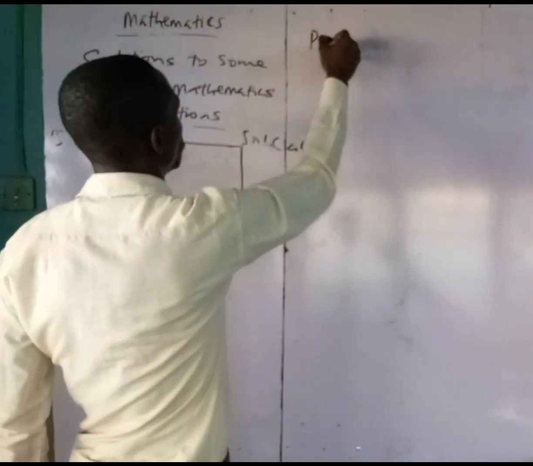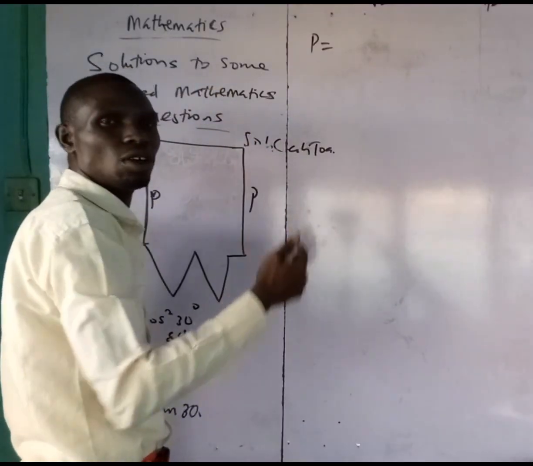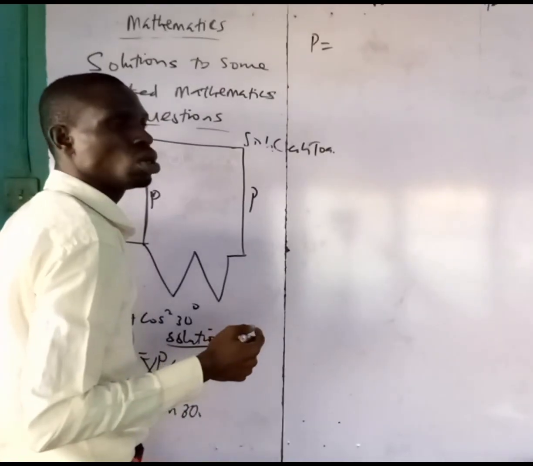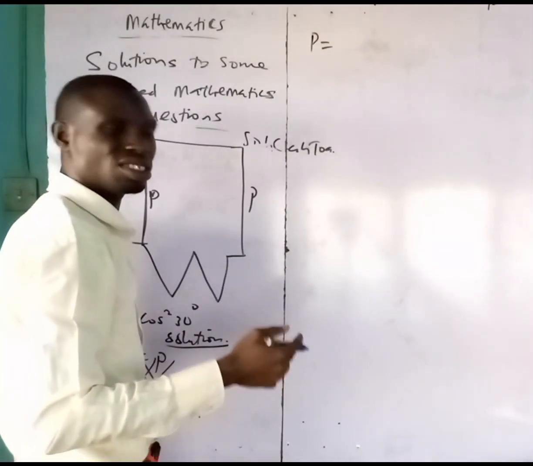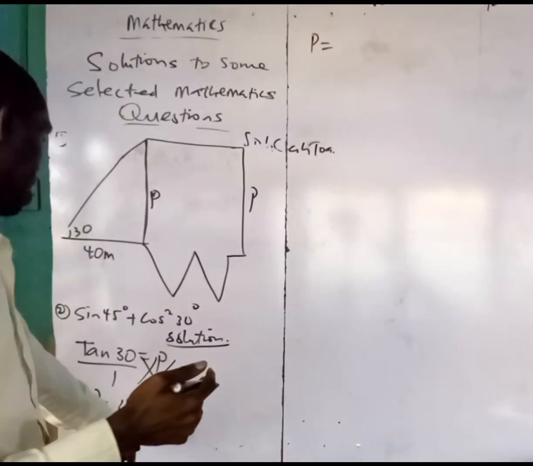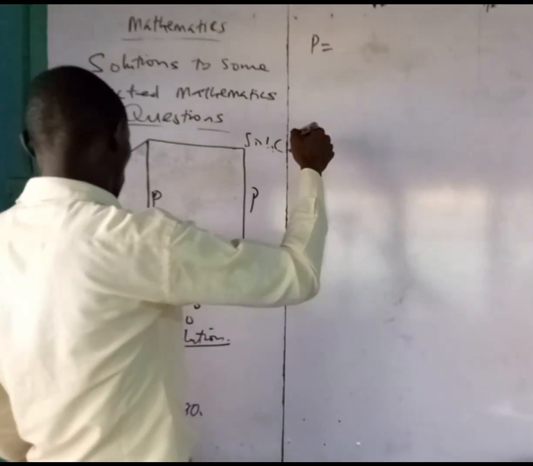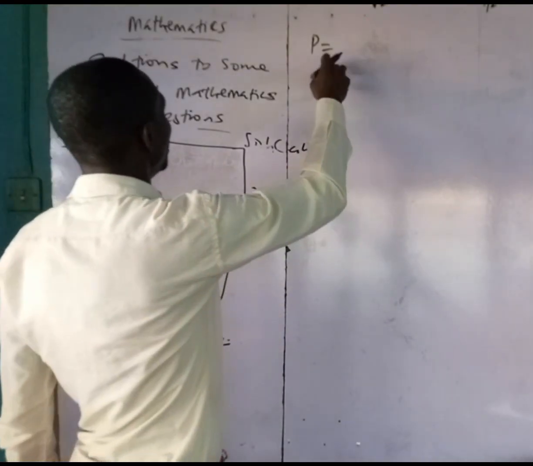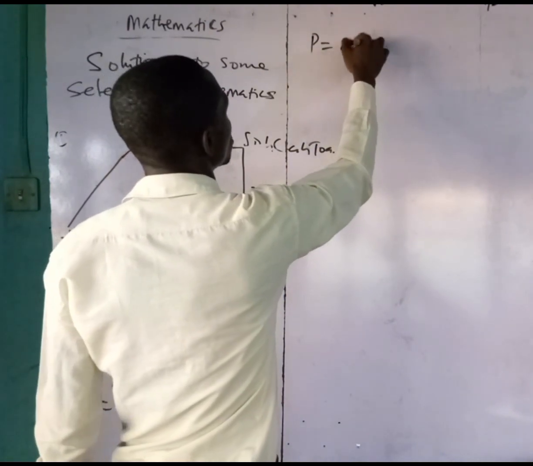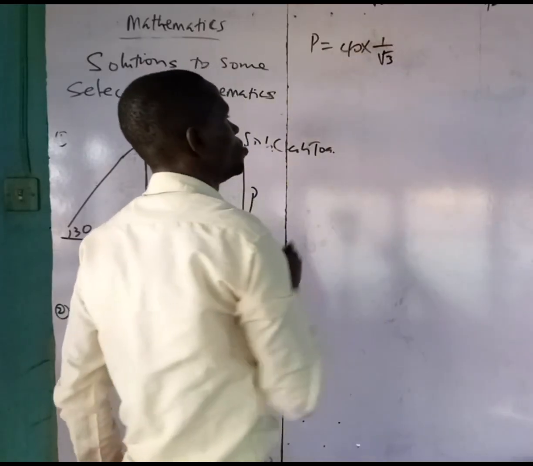P now will become, if you still remember in one of our recent videos, I talked about trigonometry with Pythagoras theorem. So that's what we are going to use here. Tan 30, if we still remember, is 1 over root 3.